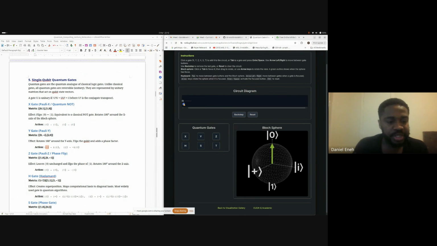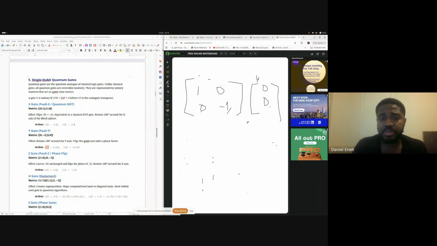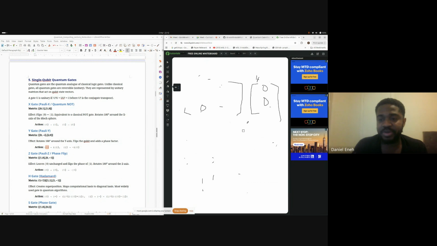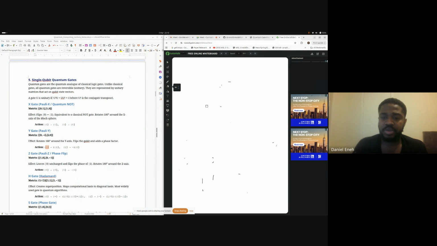For the H gate, the H gate has these formulas. You might just memorize them, but to be sincere, I don't memorize them myself. But it's good to commit them to memory for the sake of mathematics, so you can solve them, so that you can know what it's doing.